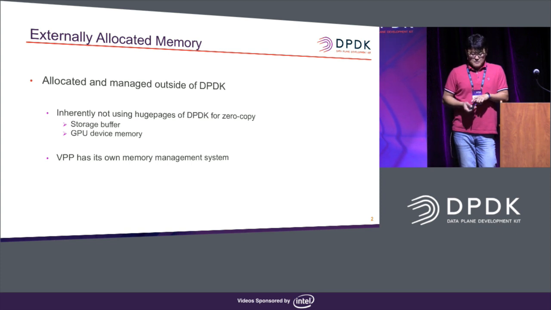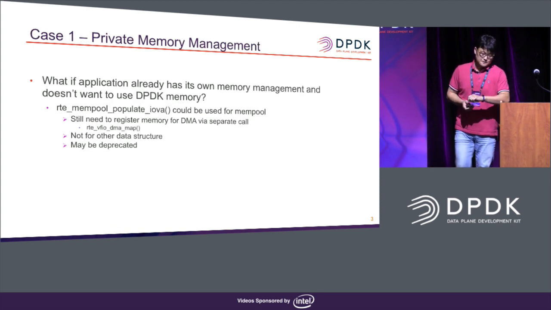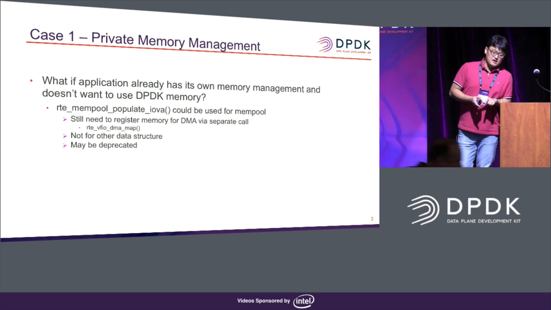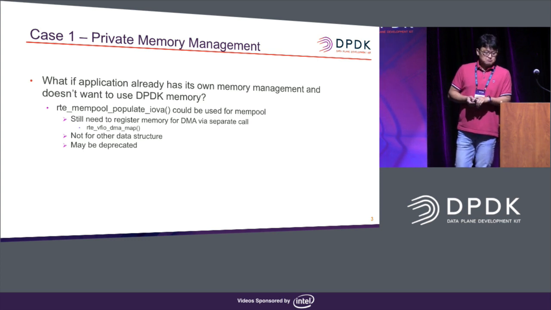Case one is something like what VPP has been doing. It has its own private memory management because, according to the VPP guys, DPDK is not the only way to support the framework.